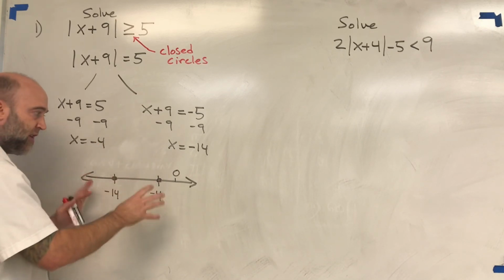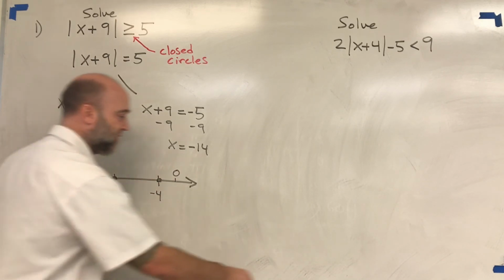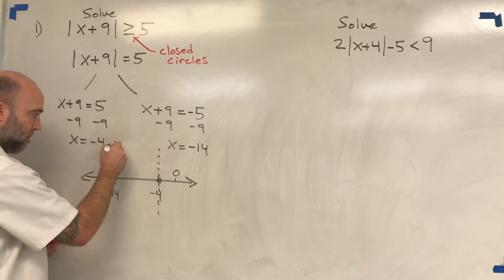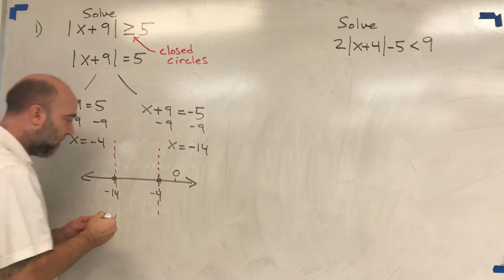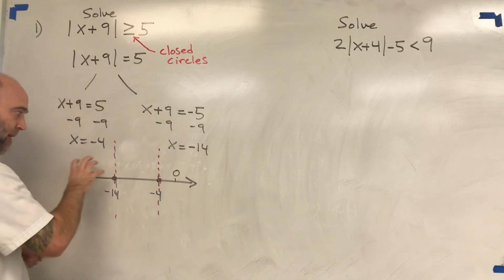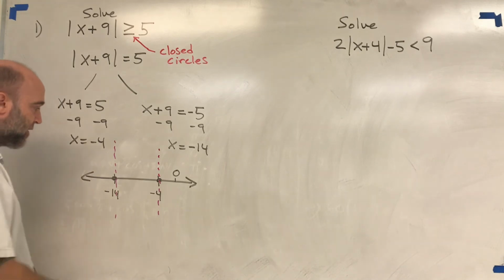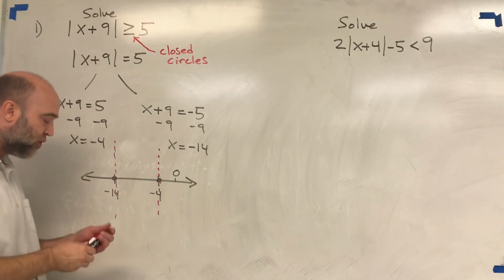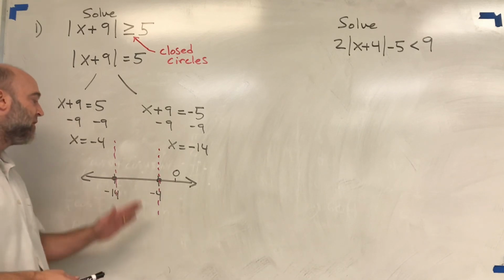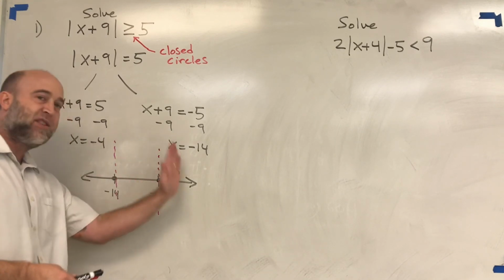So I don't know if you can tell, but there are 3 fields here that I need to deal with. So the fields are this last one, this middle one, and this first one here. All right, so we have to pick a test value in each one. Don't pick one of the critical values. That doesn't help us. We need to pick a number in the test region.